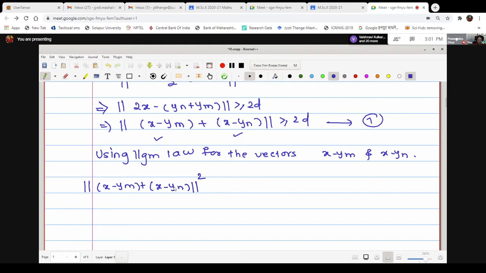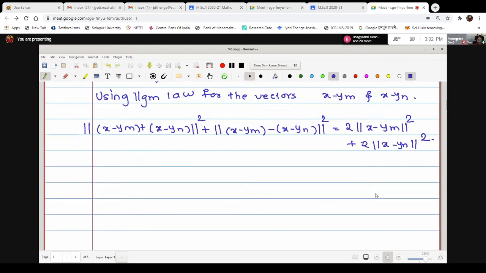This is the norm square of the addition of the vectors added with the norm square of the subtraction of the vectors, which is equal to 2 times the norm square of a vector added with 2 times the norm square of the second vector.